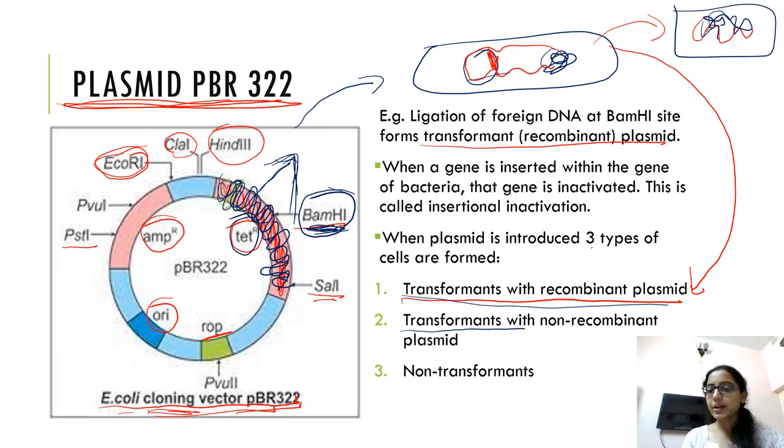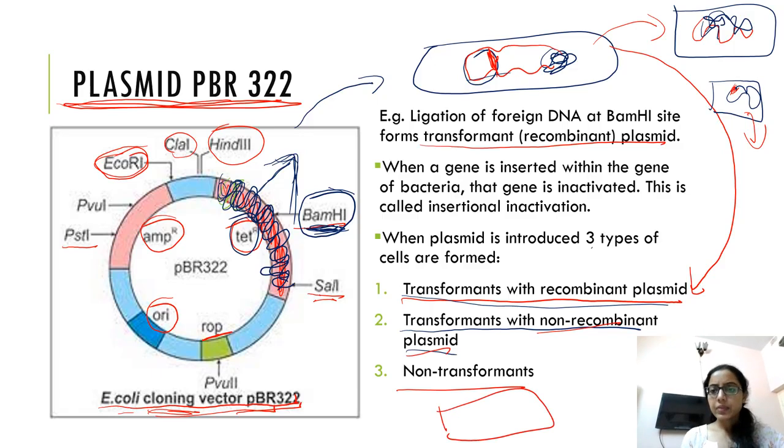Second one, some are transformant with non-recombinant plasmid. Some have taken the plasmid, but the recombinant plasmid is not there, so they cannot replicate in number. Some are non-transformant.